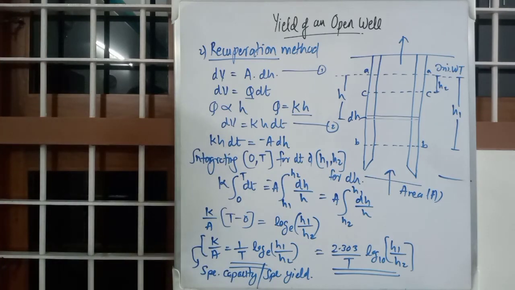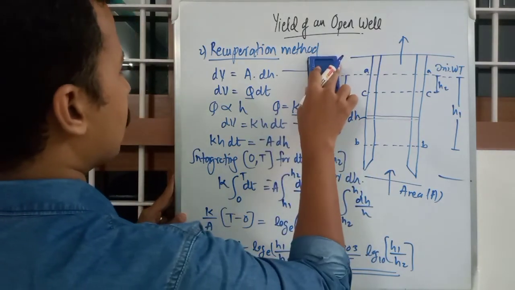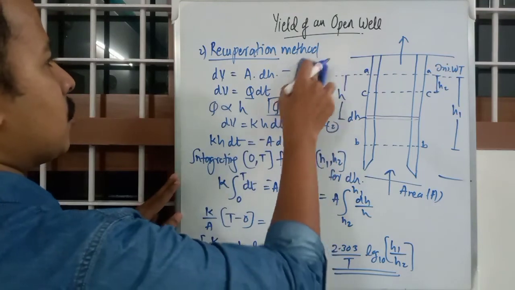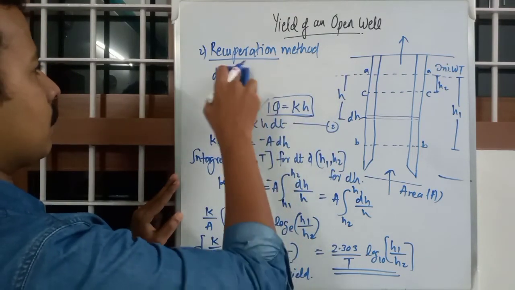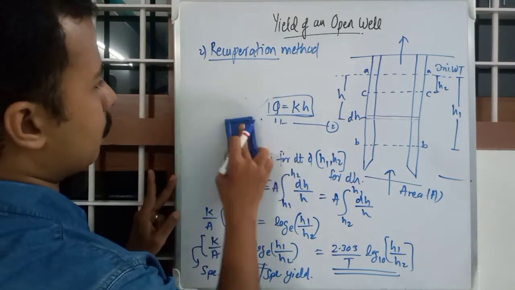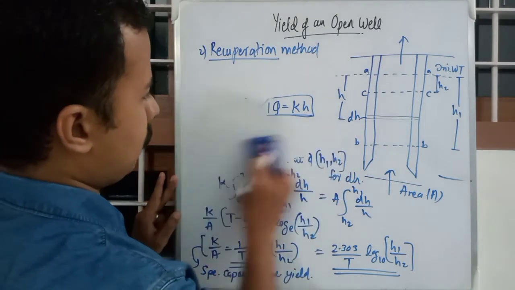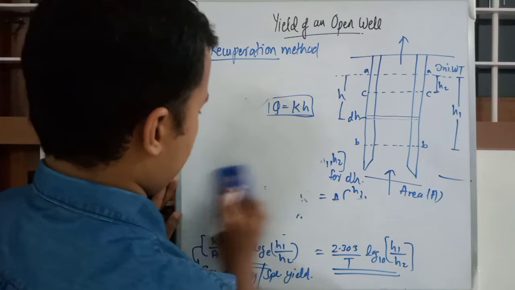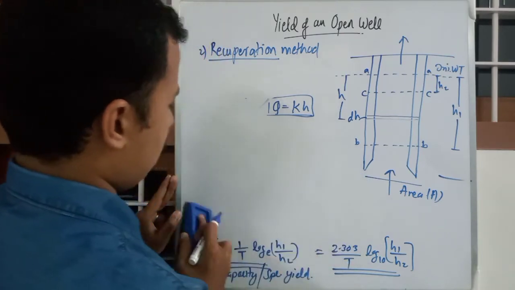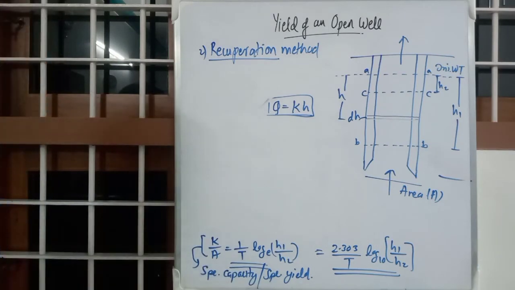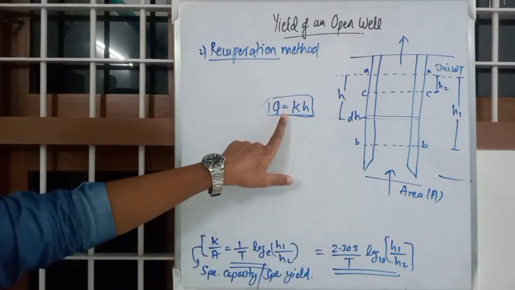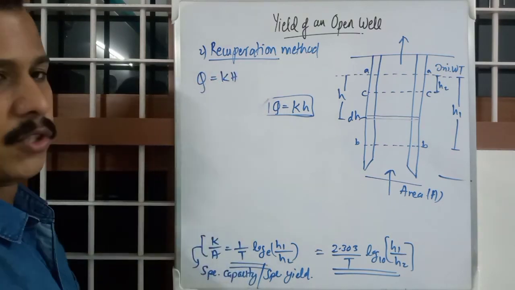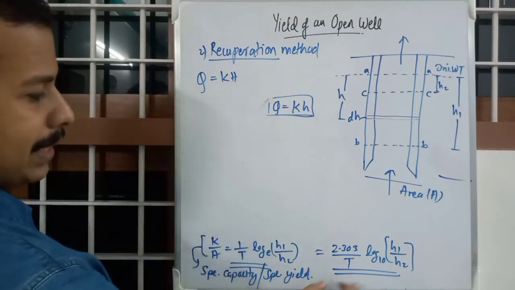I hope it's clear, and it's not complete. So we have this equation, right? Keep that in mind. Now I am going to rub out the rest. So we have K by A, and we know Q is equal to K into H. How can we incorporate this value?